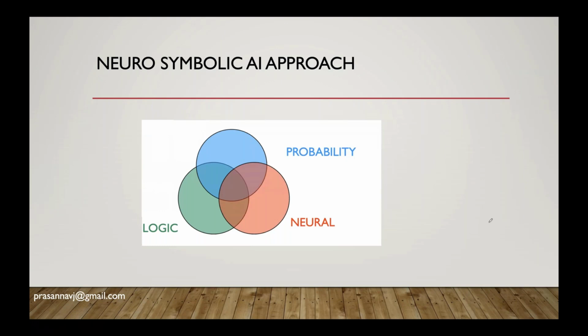We will cover in detail the different components of neuro-symbolic AI, and a specific type of architecture called logic neural network, which combines the logic representation that we looked at and the neural network architecture to bring in advanced features. It is considered more advanced than the typical deep learning approach we currently have, because it can do reasoning in a much better way. That is the premise of neuro-symbolic AI.